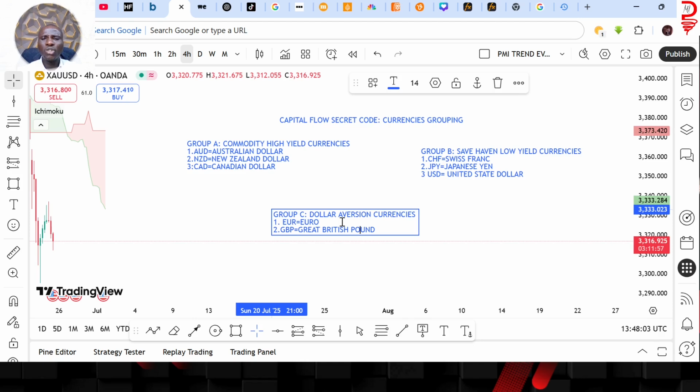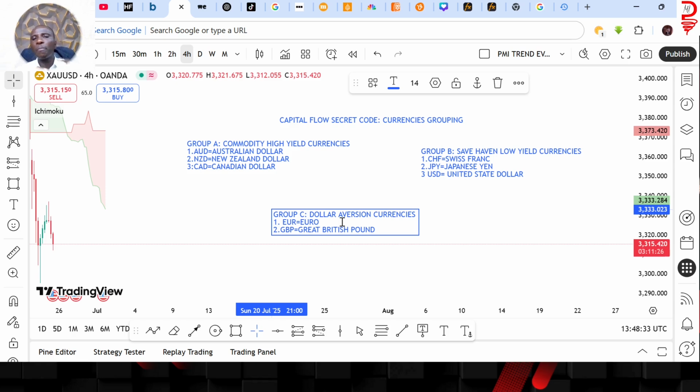Now, advisably, you want to select across groups. You don't want to trade within the group. Of course, this is not the rule of thumb for everybody that trades forex. It's just that on a larger scale, we believe that when you trade with the trend, you are in a better position to enter a trade that ends as a winning trade.